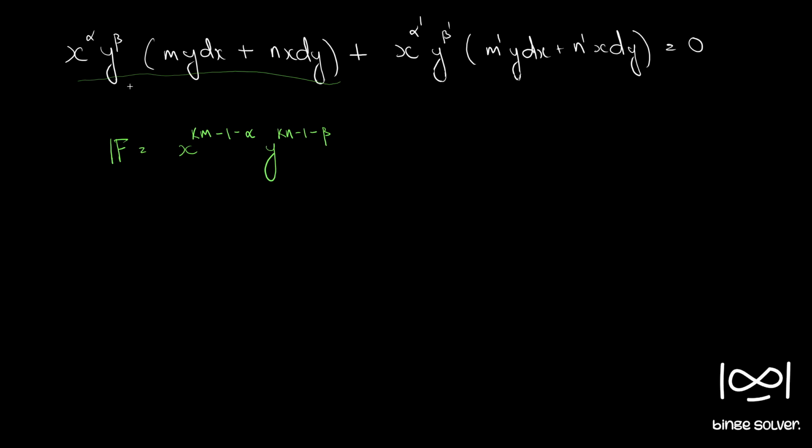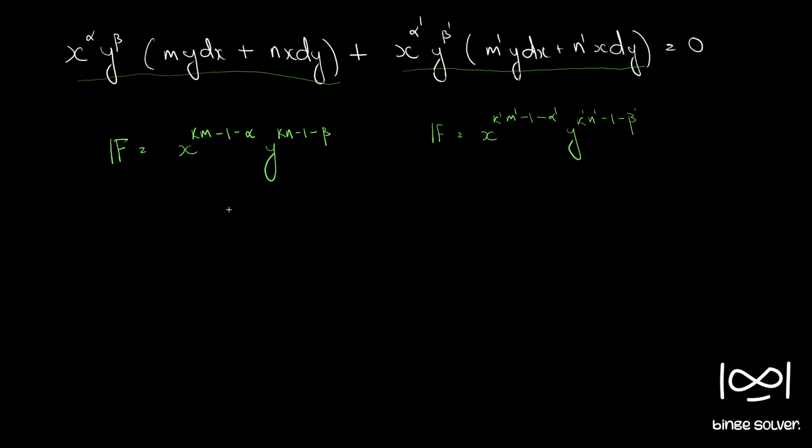This is the integrating factor for this part. And for the other part, we have our integrating factor as x raised to k dash m dash minus 1 minus alpha dash into y raised to k dash n dash minus 1 minus beta dash. So we have two integrating factors for the two parts of the differential equation.